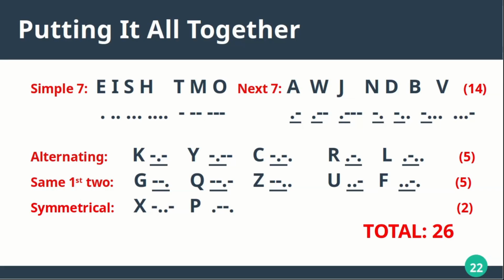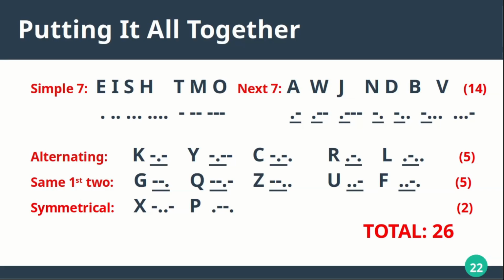So dash, dot, and then you add D, dash, dot, dot, and then B, dash, dot, dot, dot. And V I lumped in there because it looked like an analog of the B, and Beethoven's Fifth Symphony, dot, dot, dot, dash. So those were our first 14.